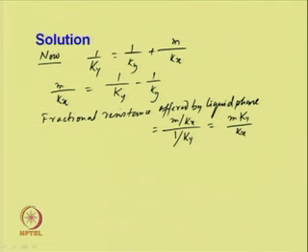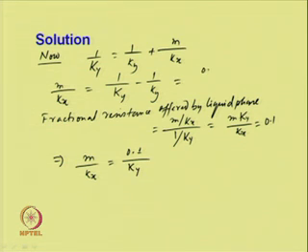So, this is given as 10%, which is 0.1. So, from this we can calculate m by k x is equal to 0.1 divided by capital K y.